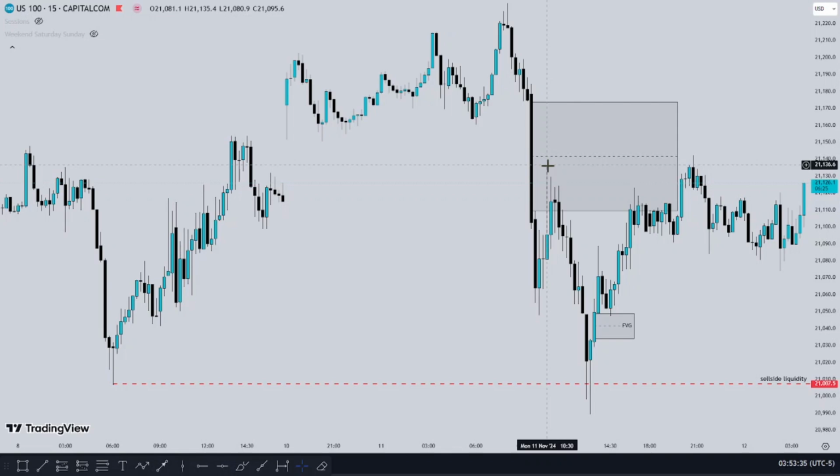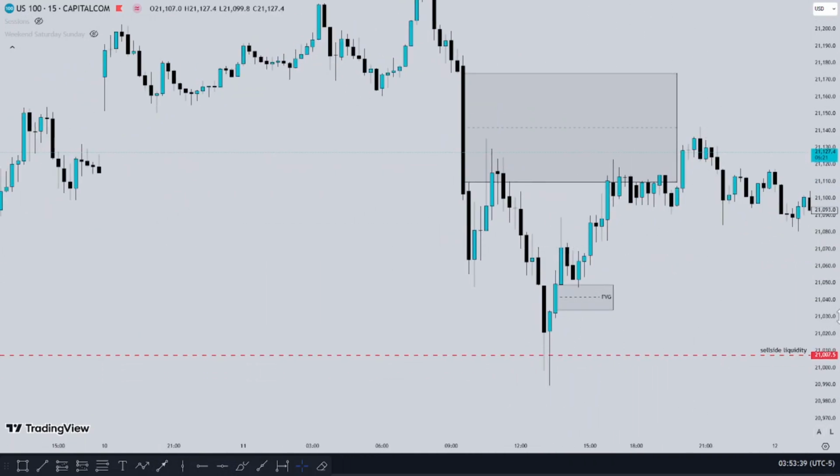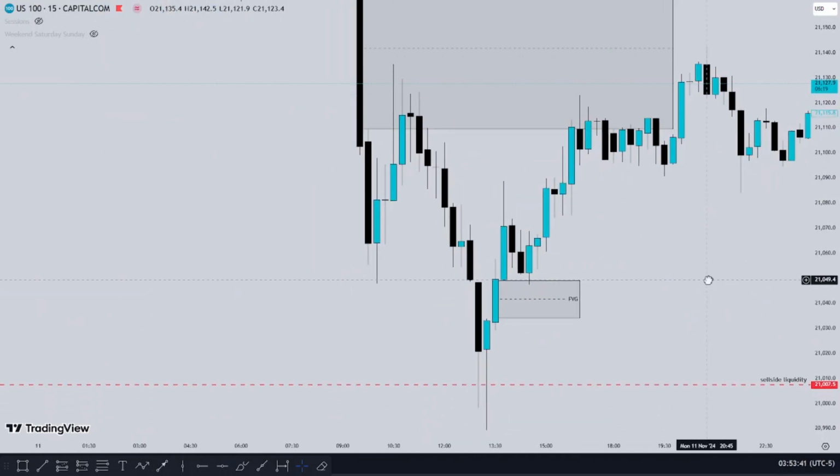So from the PM section, we aim for lower targets. Our next draw on liquidity, if price were to respect this fair value gap, will be this swing high. That was where we were anticipating price to run to.